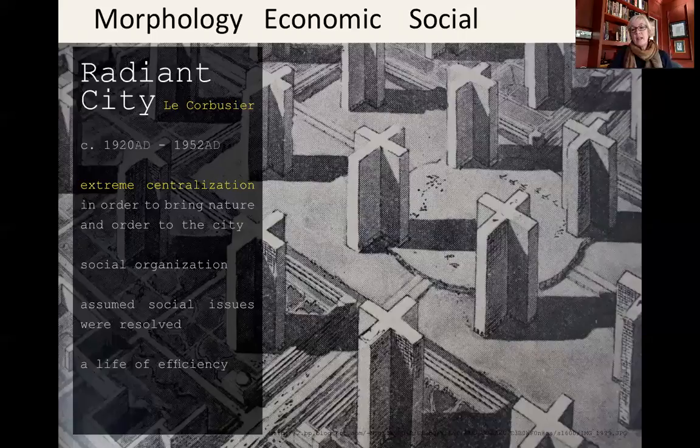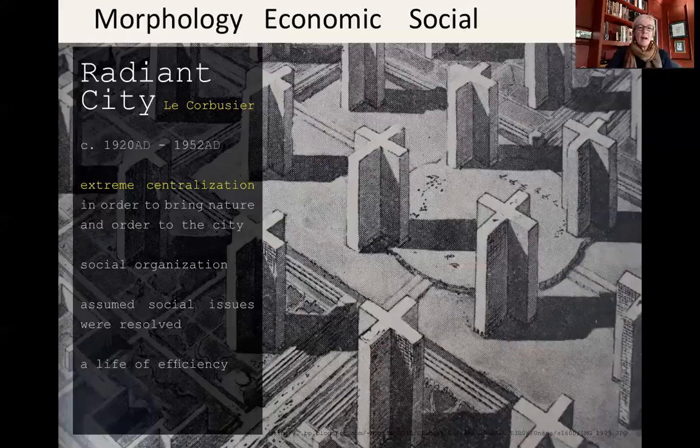And Radiant City in reality is the forerunner of what has been called, and we'll see in the 60s, the projects, how to deal with inner city areas, how to deal with blight, this idea of the creation of the high rise that moves people up. The concept, though, here was this idea of extreme centralization that was bringing nature back into the city.